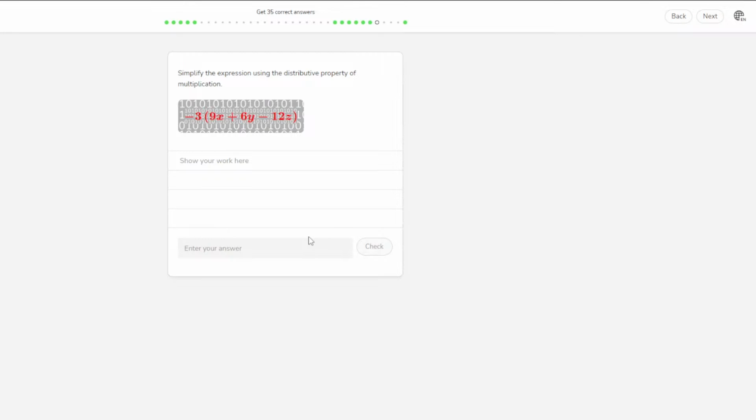Negative 3, 9x plus 6y minus 12z. Negative 27x minus 18y plus 36z.